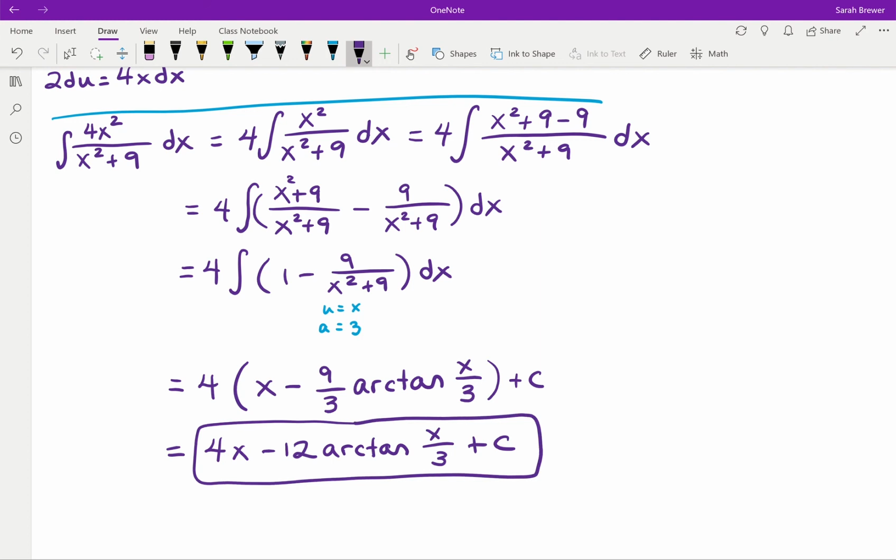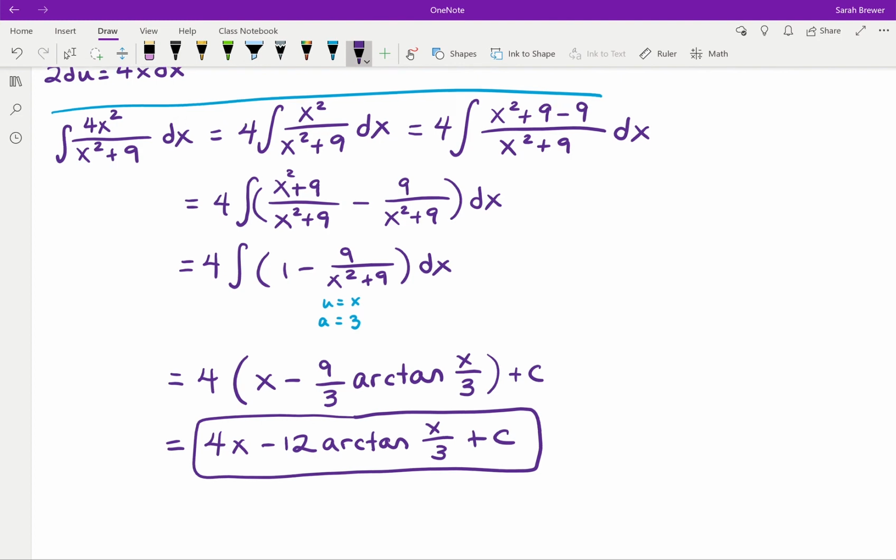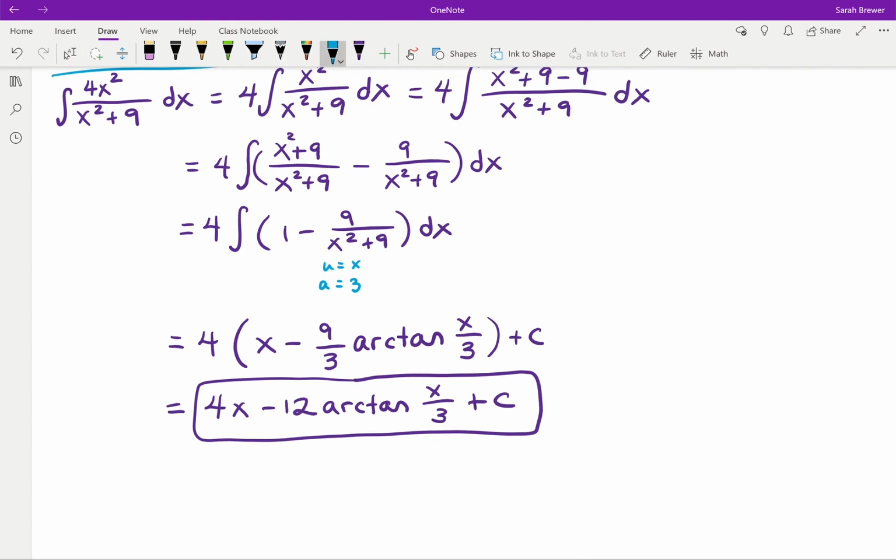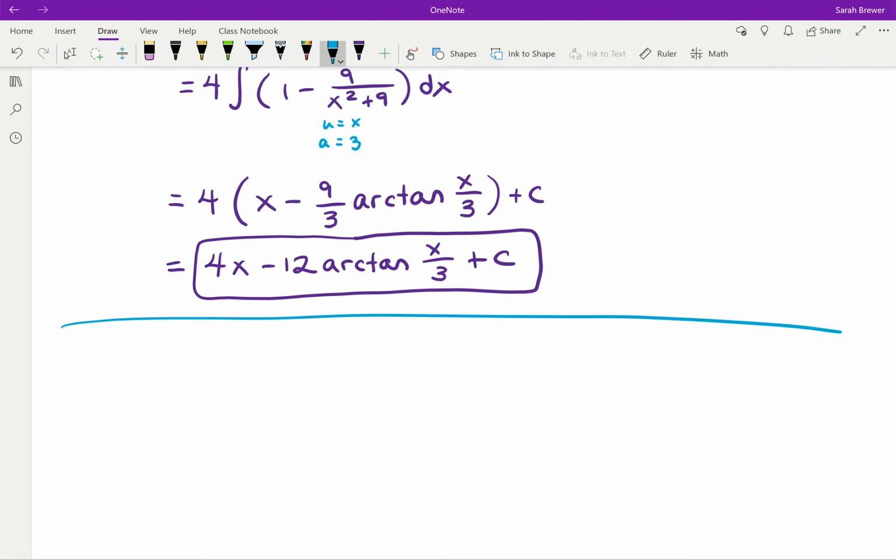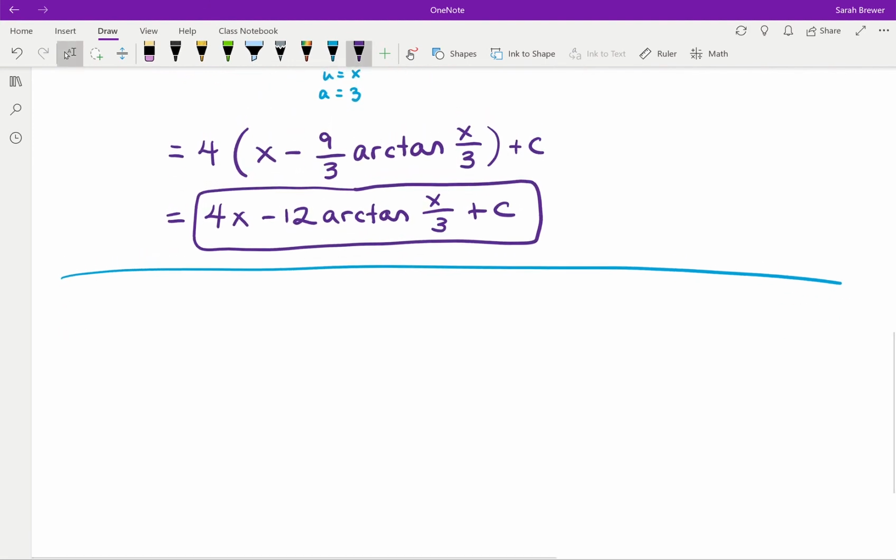And that trick of adding 0 can really come in handy. So here, in this example, we added 0 in the form of adding and subtracting a constant. But it can also come in handy in other problems. And so I'm just briefly going to look at one more just to show you an example of this. So let's say I wanted to compute the integral of 1 over 1 plus e to the x dx.